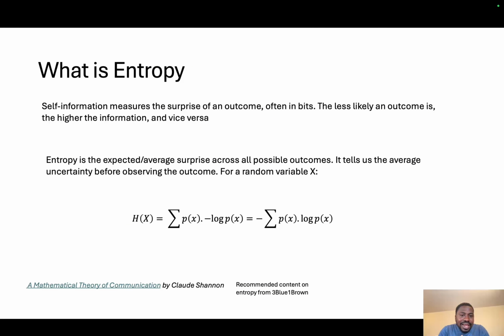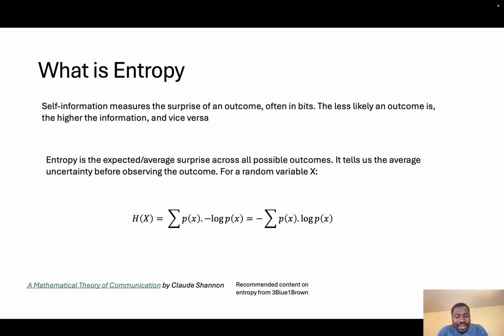Information measures the surprise of an outcome, right? So the less likely an outcome is, the higher the information, and vice versa. But entropy measures the average surprise of our possible outcomes. Information is the surprise of an outcome, and entropy is an expectation over information. So let's imagine you have a random variable x, which could take on many different discrete outputs.